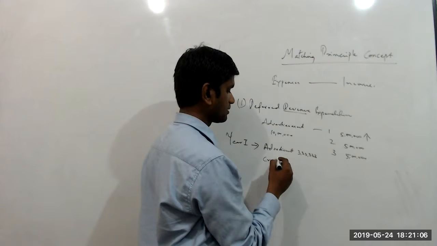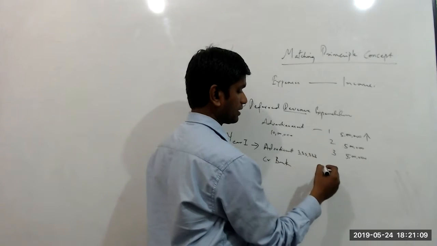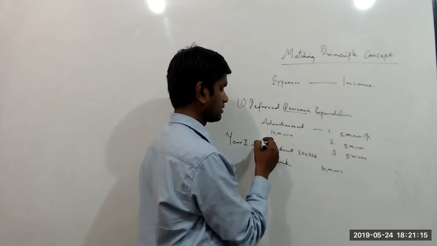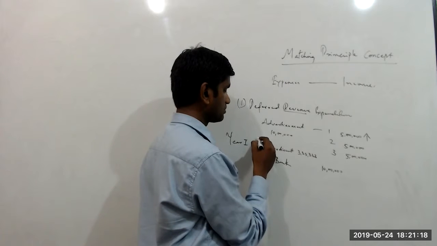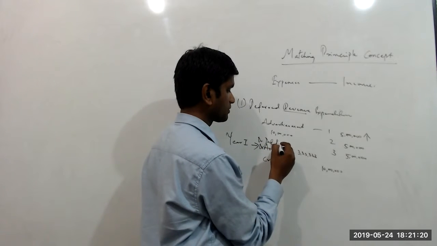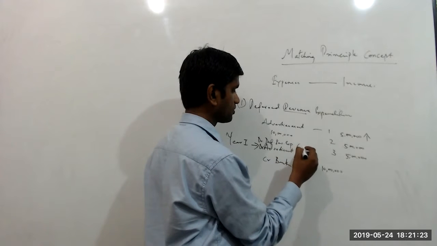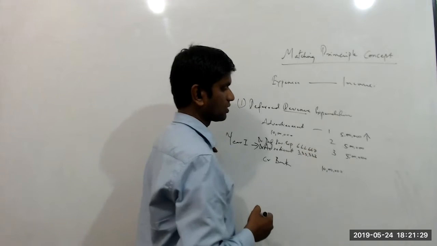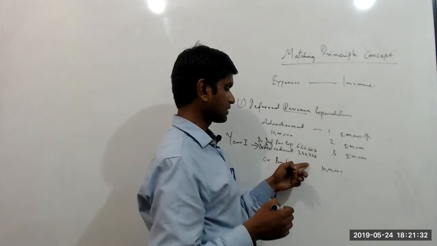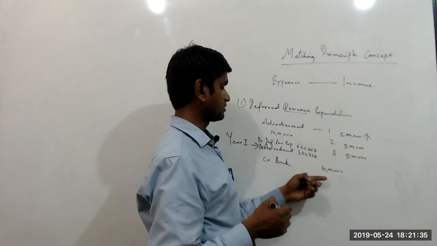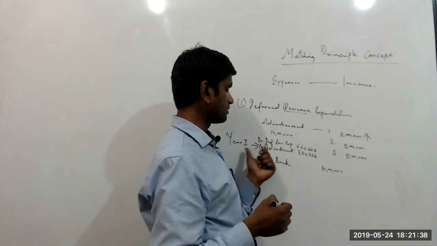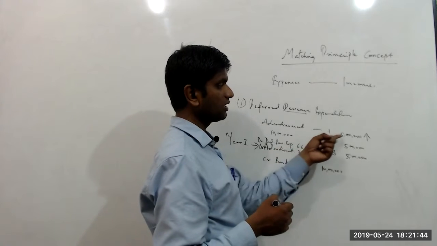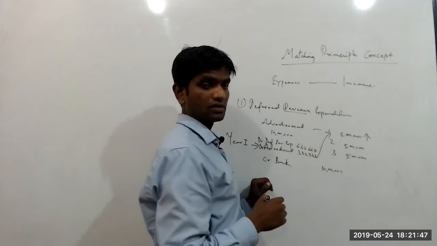Credit bank, because you need to pay the advertiser the complete 10 lakhs, and you debit deferred revenue expenditure 6,66,667. So the total is 10 lakhs, which you have paid already to the advertiser. But you are going to book in year one the advertisement of only rupees 3,33,333. That means you are matching this expense to the year one income. This is how we are going to do it.